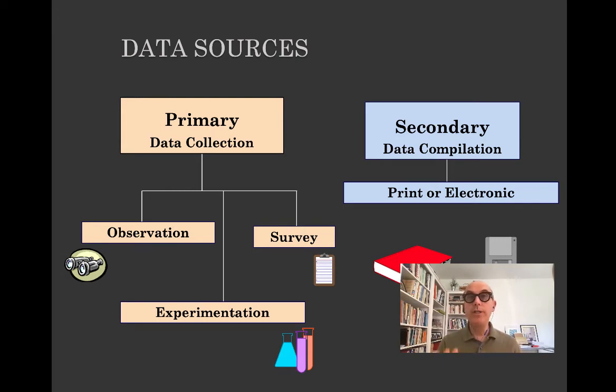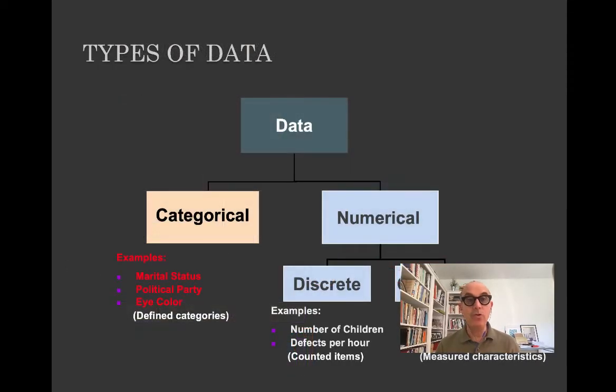Secondary data, commonly used by social scientists and researchers, is data we take from, for example, Facebook or Twitter or library collections or print, and we analyze the data and try to make sense out of it.